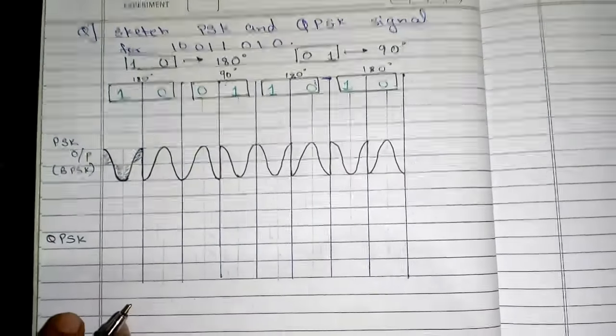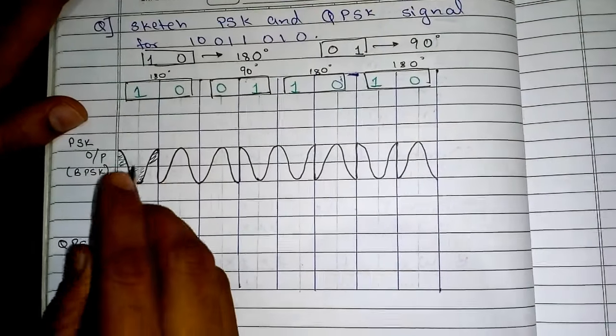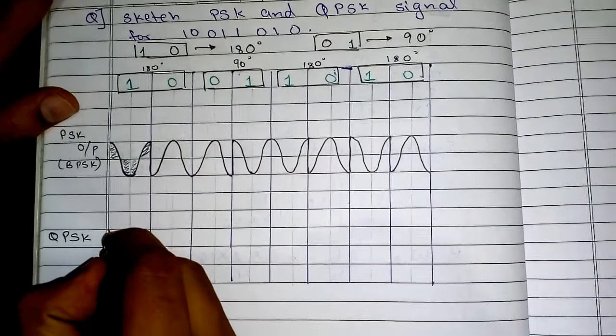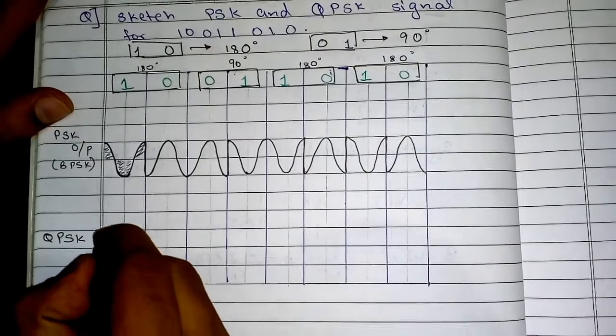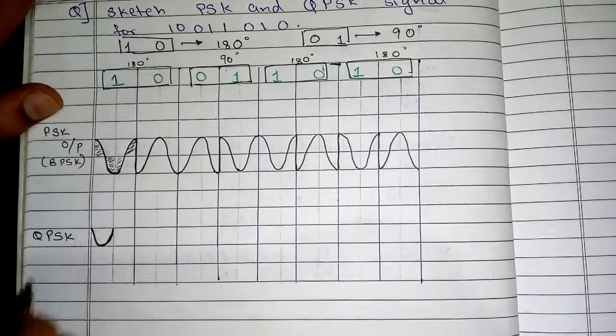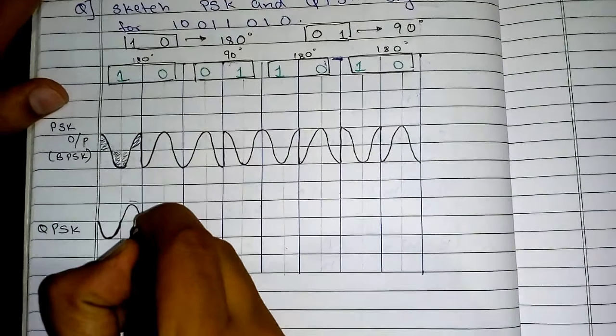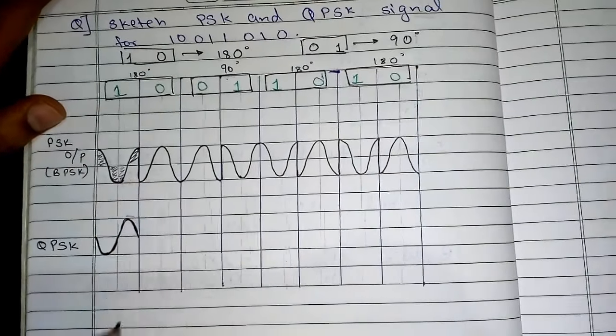So for the 180 degree, let's sketch. 1 starts from 0, and in this halfway it covers 180 degrees, and then the remaining one again covers 180 degrees.